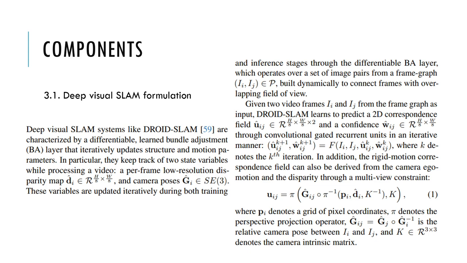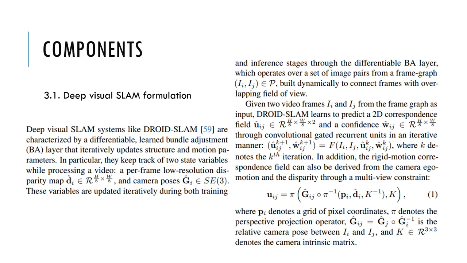Now let's dive deep into the components of the deep visual SLAM formulation. Deep visual SLAM systems like DROID-SLAM are characterized by a differentiable bundle adjustment (BA) layer which iteratively updates structure and motion parameters. In particular, they keep track of two state variables for a video: a per-frame low resolution depth map and the camera poses.